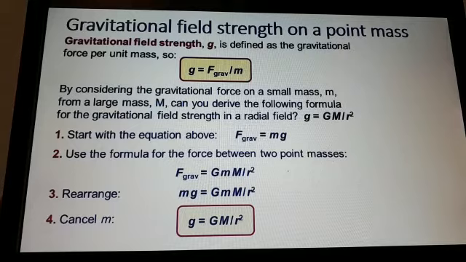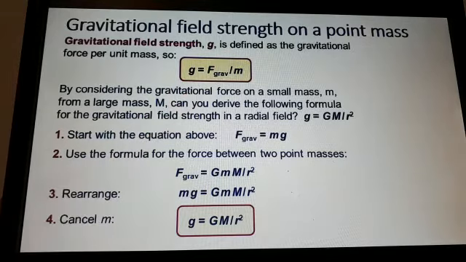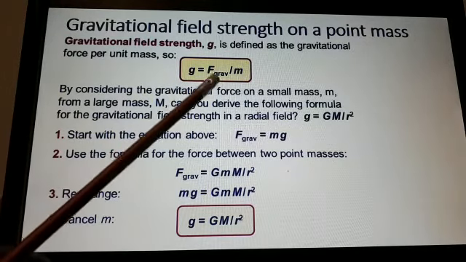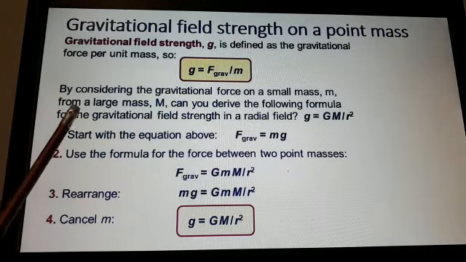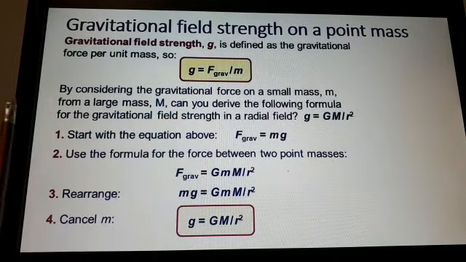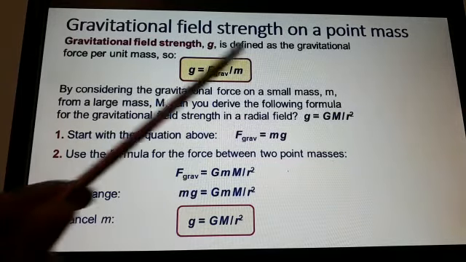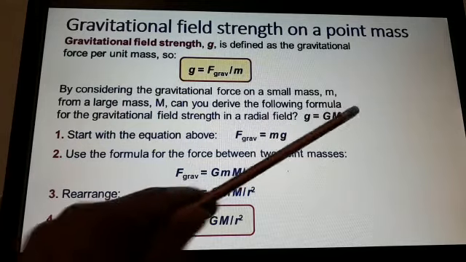Now gravitational field strength of a point mass. Gravitational field strength g is defined as the gravitational force per unit mass, so g is equal to F gravitational divided by m. By considering the gravitational force on a small mass m from a large mass M, can you derive the following formula for a radial field? For radial fields, g is equal to GM by r squared.